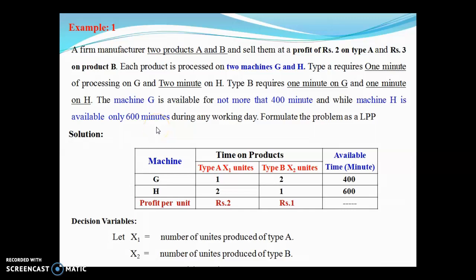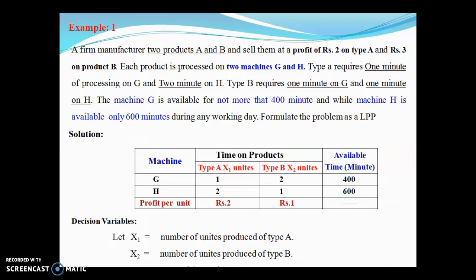Machine 1 first 400 minutes and second machine 600 minutes. So this is the restriction of the problem, during any working day. This is the statement of our problem, and we formulate the problem as LPP.